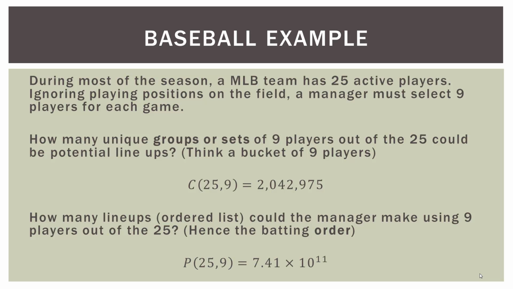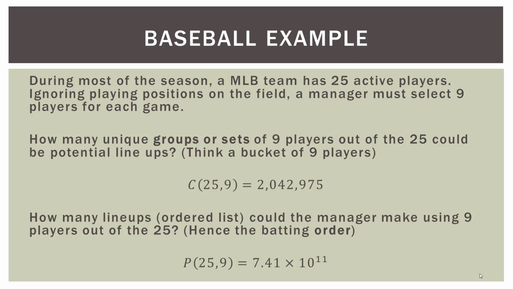So this, believe it or not, 25, 9, the permutation, if my scientific notation is correct, I think, don't hold me to this, but I think that is about 741 billion different lineups. Yes, that is correct.